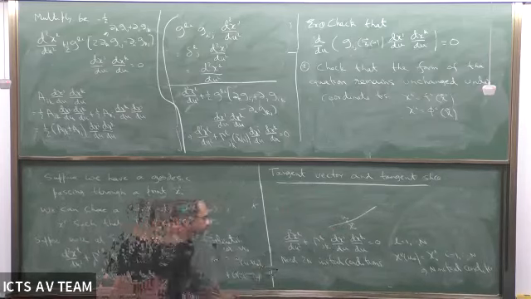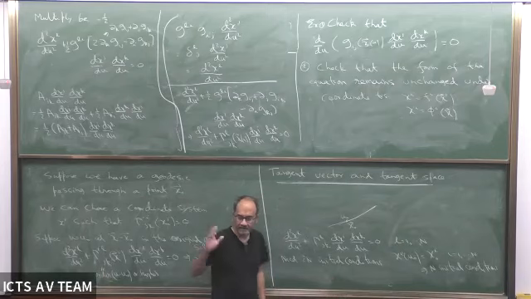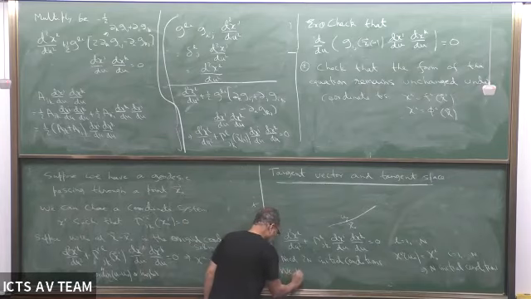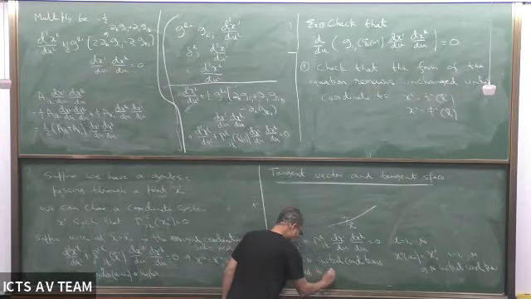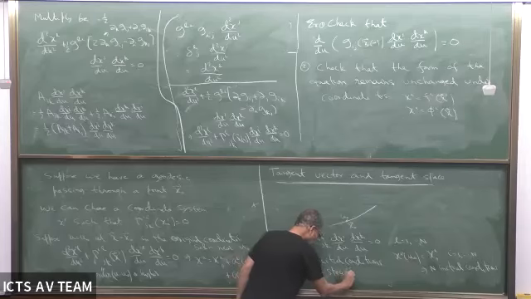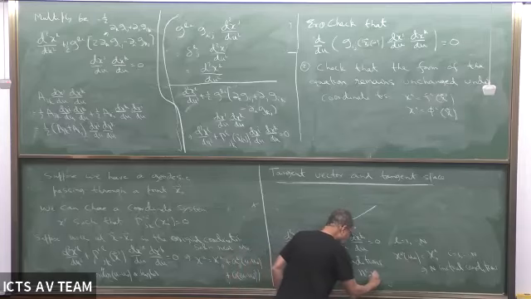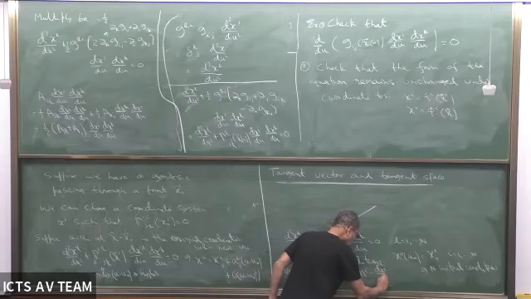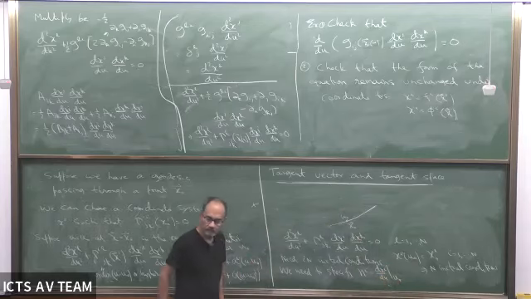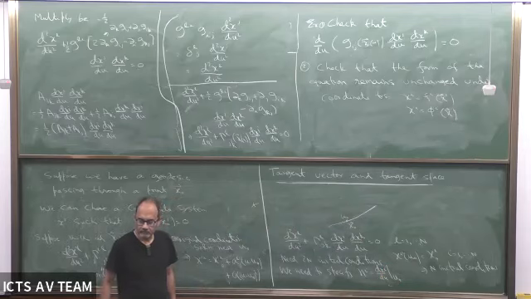The other n initial conditions come from the derivatives. So we need to specify an n component vector, n^1, n^2, up to n^n, which gives the first derivative of the x^i at u naught.